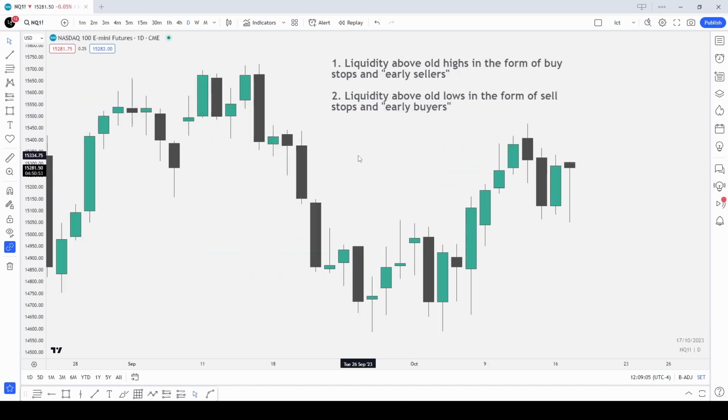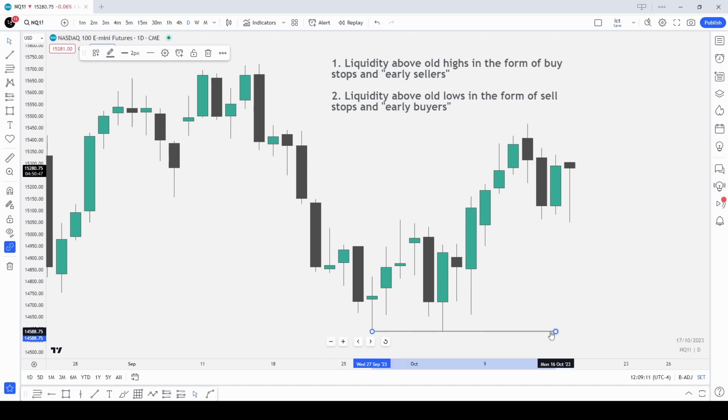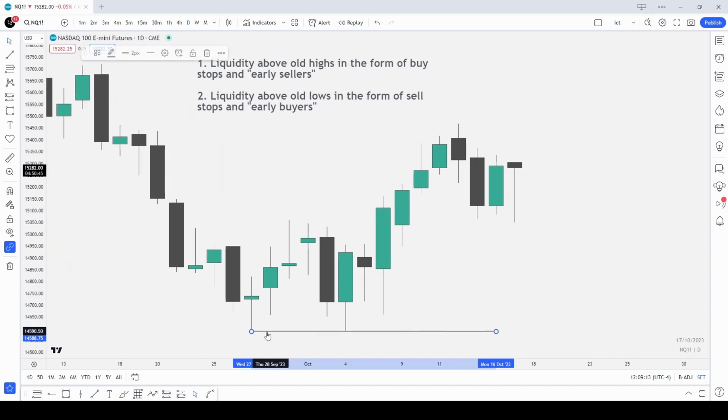If we dive into this example here really quickly to put this bit of logic into practice, you can see we have price react off this level here, and then it came down and reacted again and ran up. Retail traders will see this as support, so they don't want these lows to be traded below.